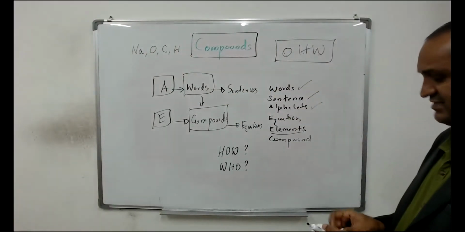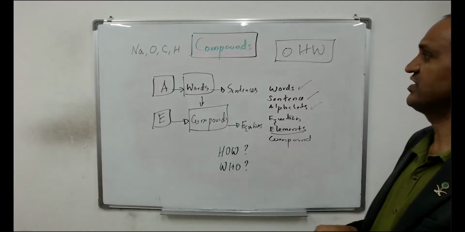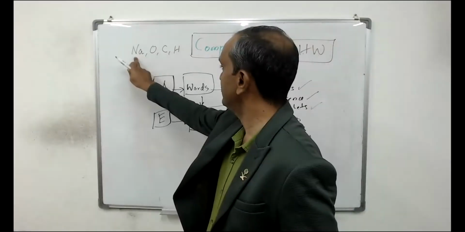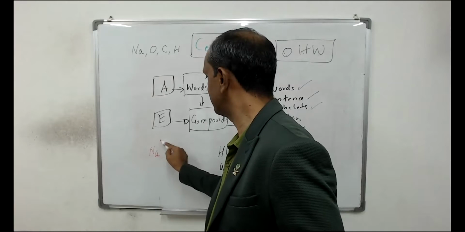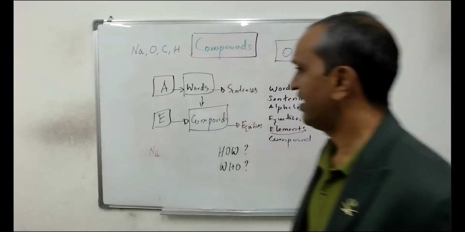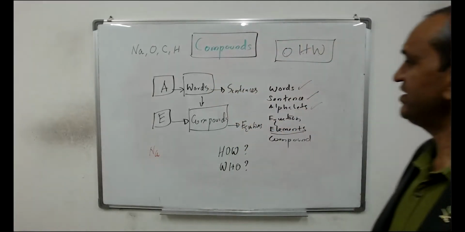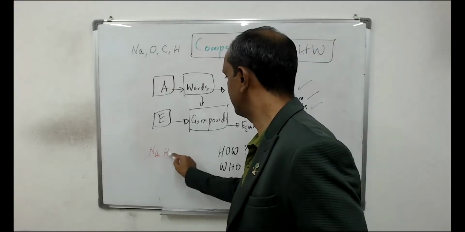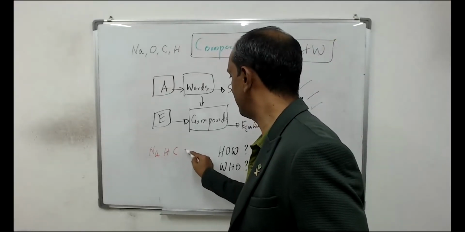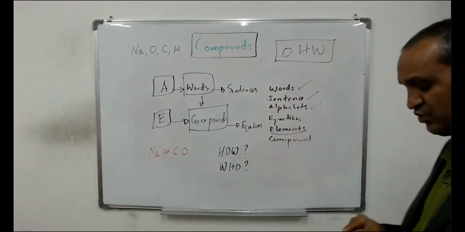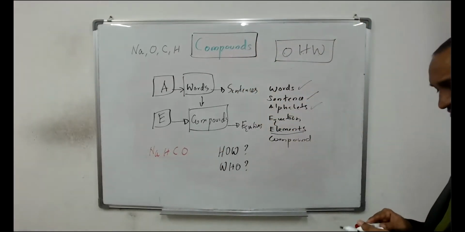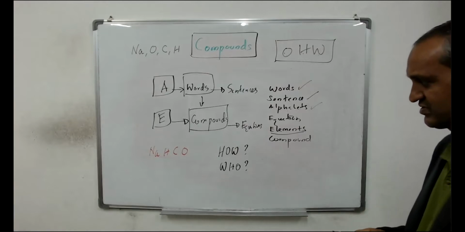The order is, the most electropositive element will be placed in the first place, and the second will be hydrogen, and the third carbon, and the last is oxygen. So the order is from most electropositive to most electronegative.